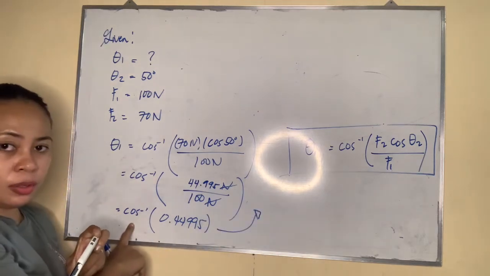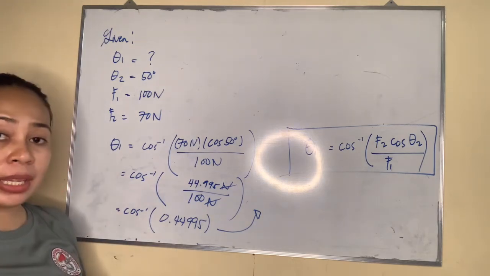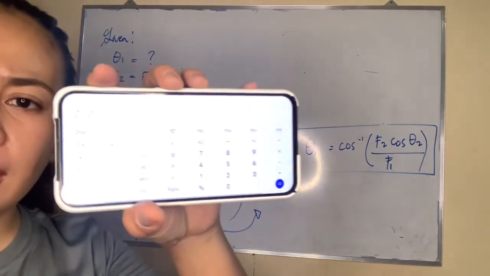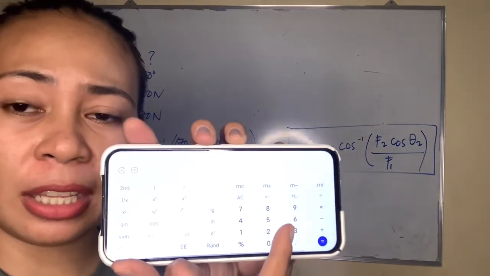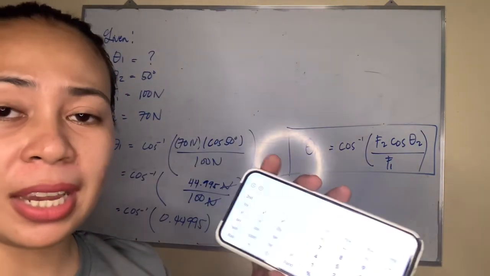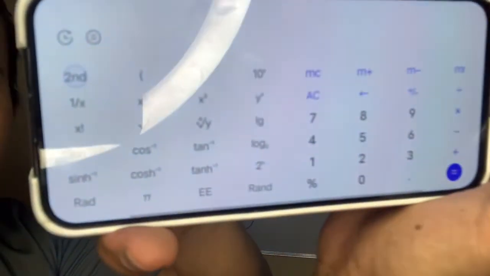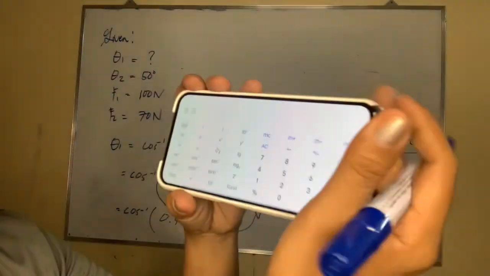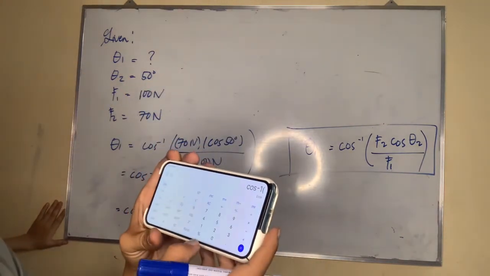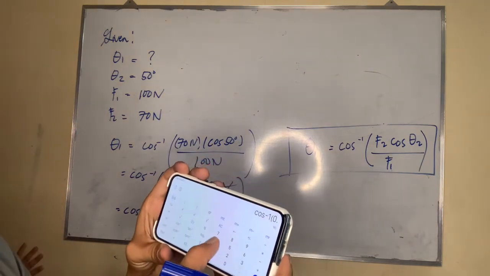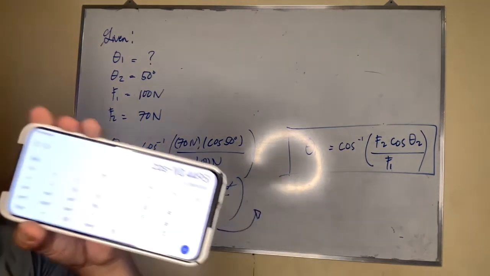How do you press this on your calculator? If you have a scientific calculator, you press shift, or on the cellphone, the second F. On the scientific calculator, you press second, and then cosine inverse appears. So, cosine inverse of 0.44995.